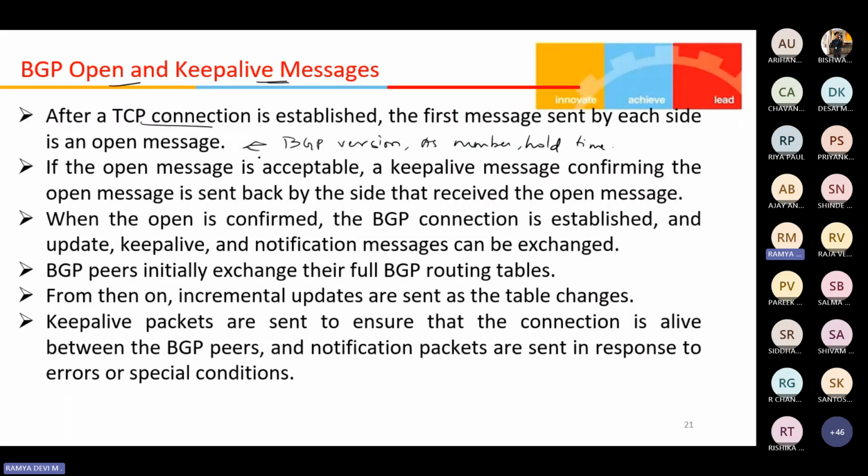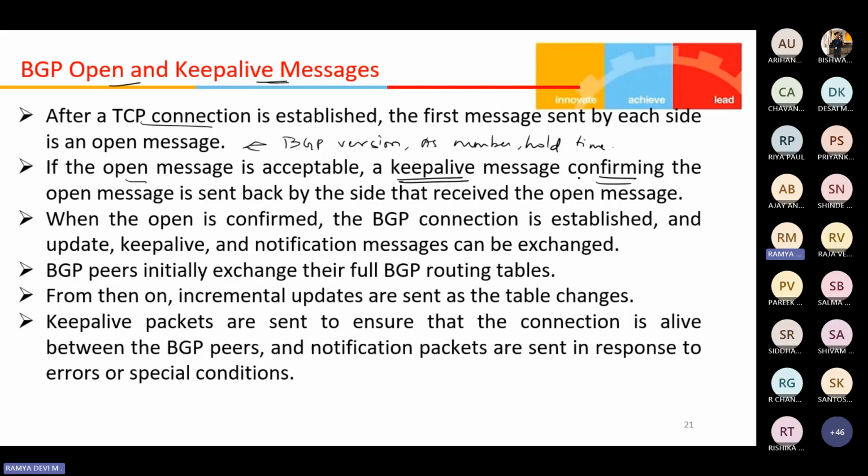Once the TCP connection is established, we have to maintain the connection. If the open message is accepted, the peers will send a keep alive message to confirm the connection. Once both sides confirm, the BGP session will be established.